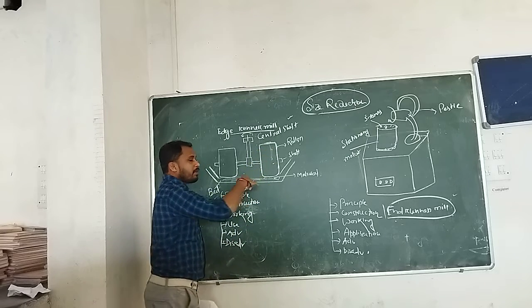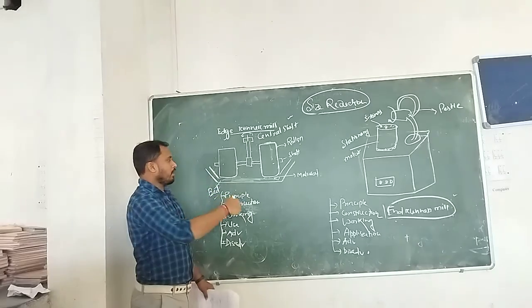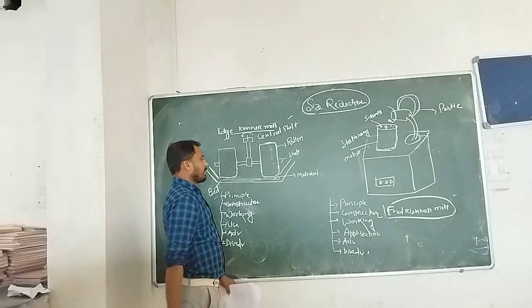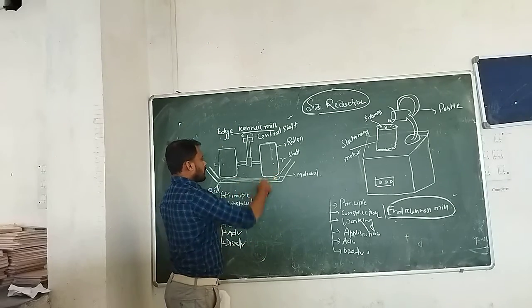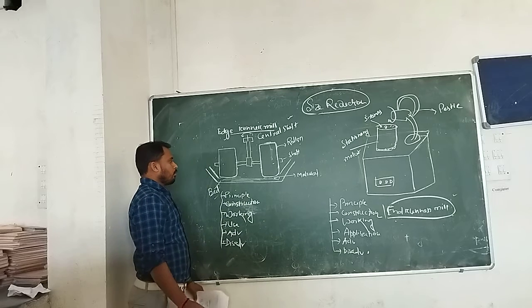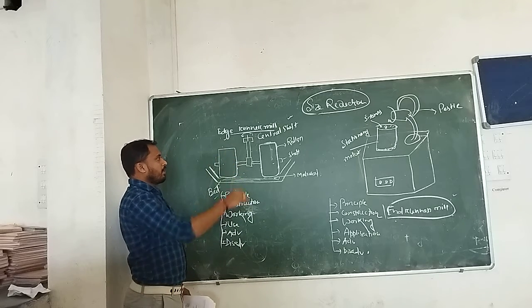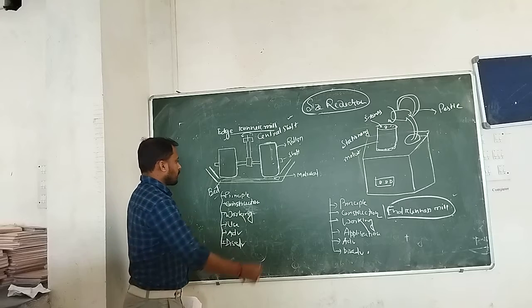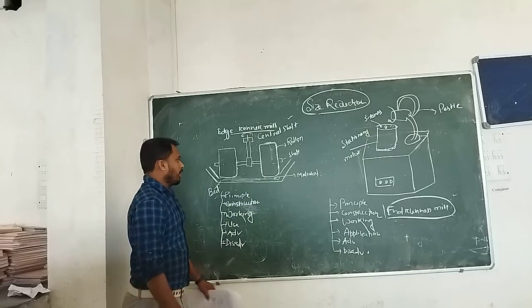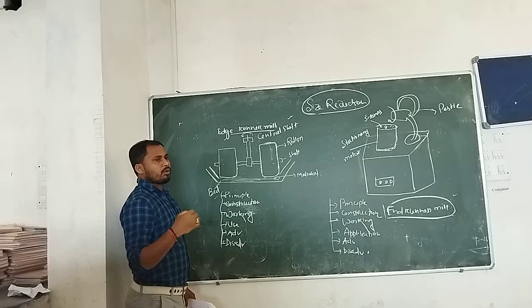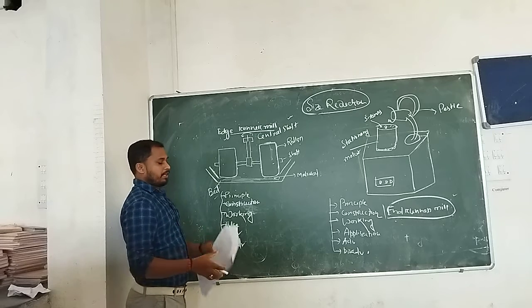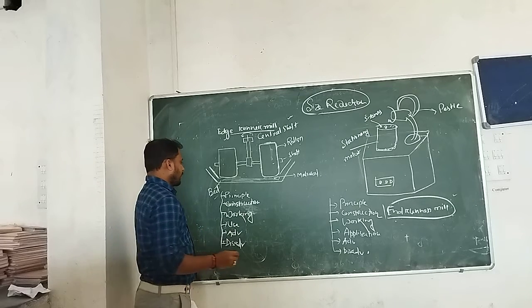When the heavy roller comes in contact with the feeding or grinding material placed in the bed portion of this mill, the movement of the heavy roller towards the material creates a pressure. So the working principle will be compression or crushing.